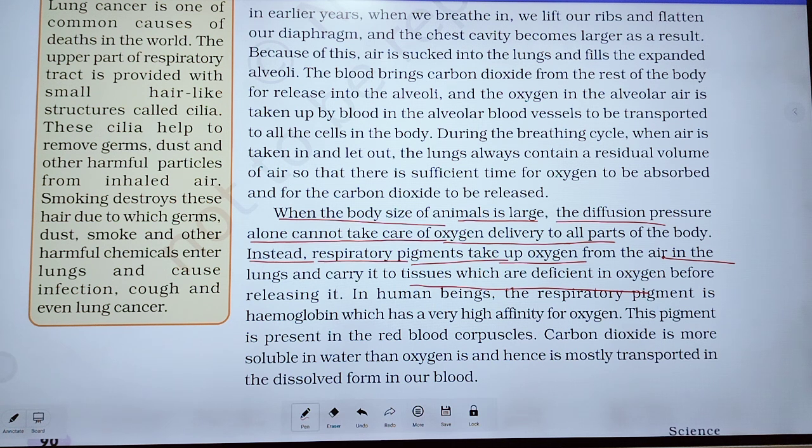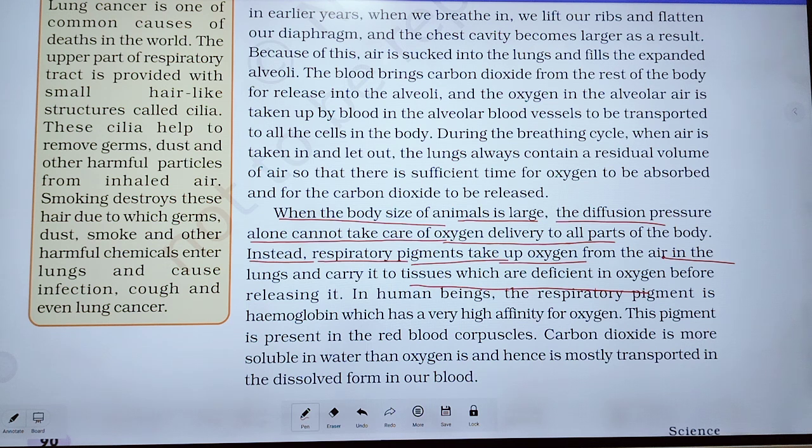It means when the body size of the animal is large, then the diffusion pressure in the lung cannot take care of oxygen delivery to all the body parts.